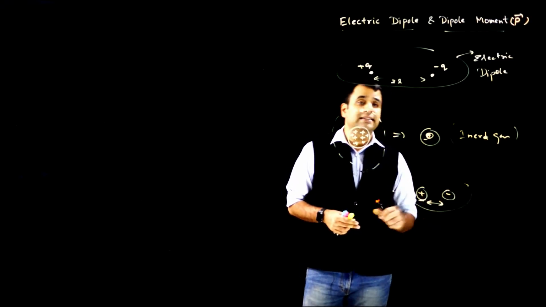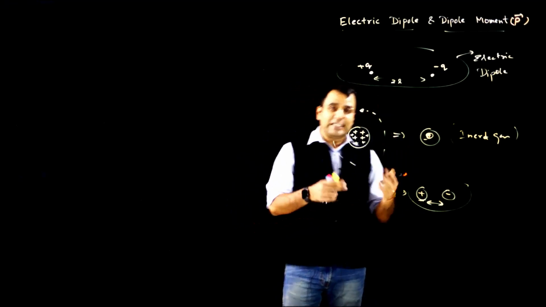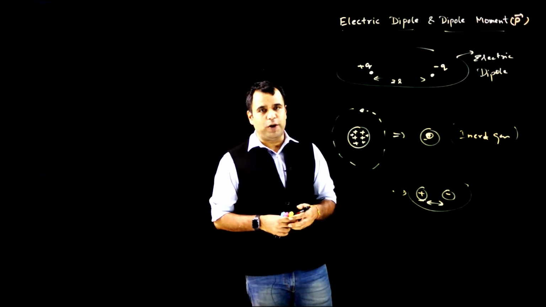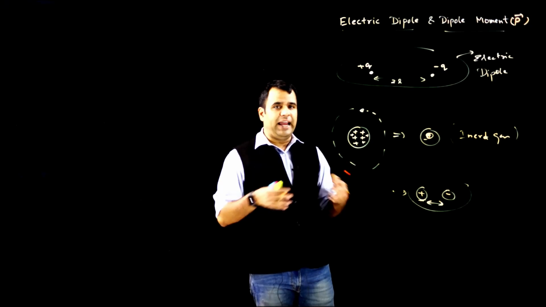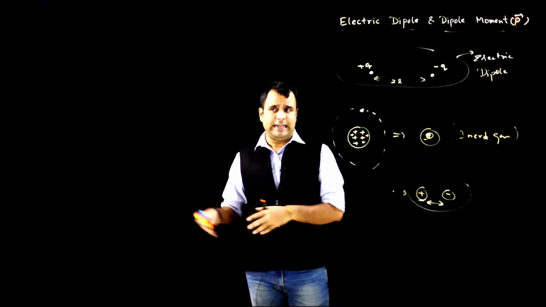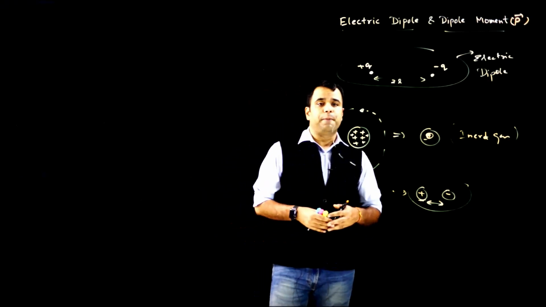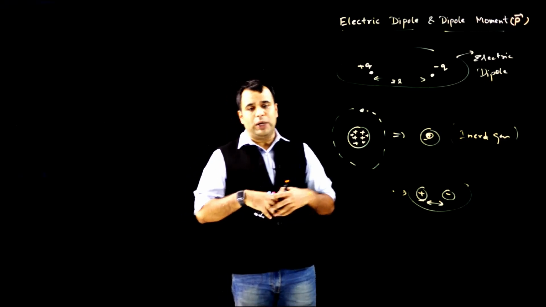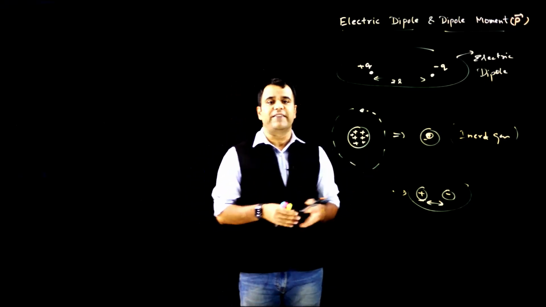The atom is the most basic form of electric dipole. That's why we want to study the electric dipole, because each and everything is made up of atoms. If we know how that atom is going to create the electric field and the electric potential, we can calculate the electric field and potential due to any body, because that's the basic building block of each and every matter.